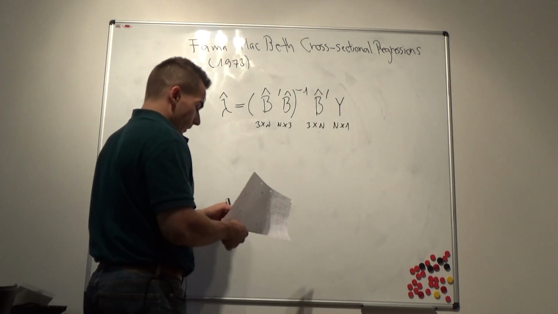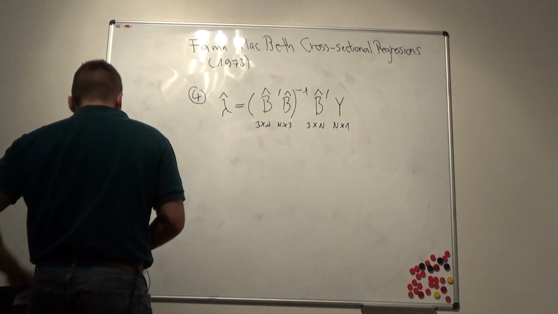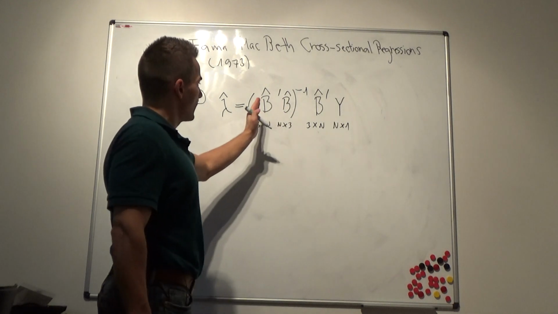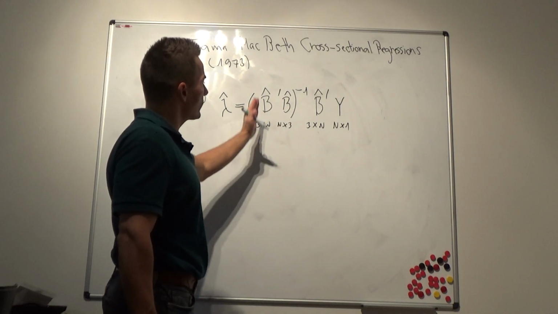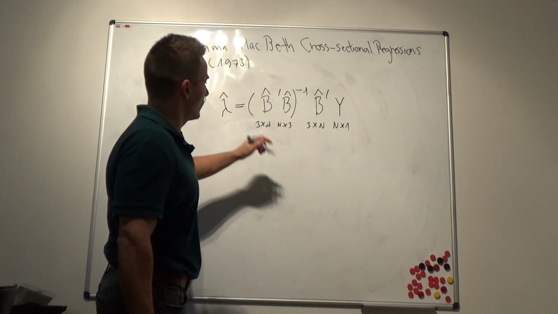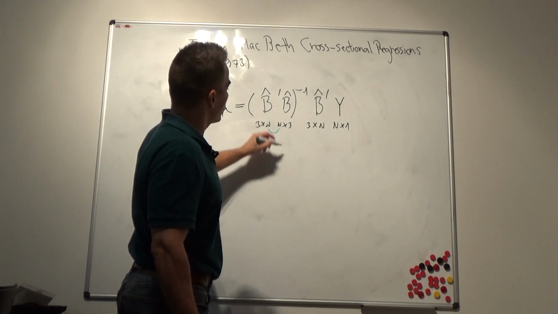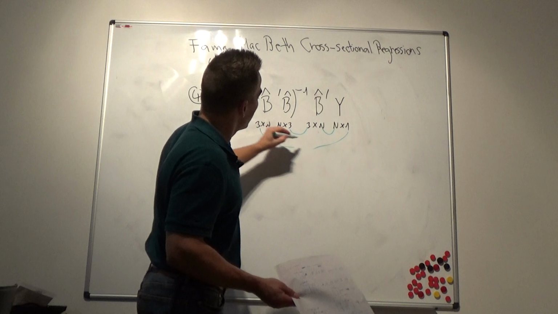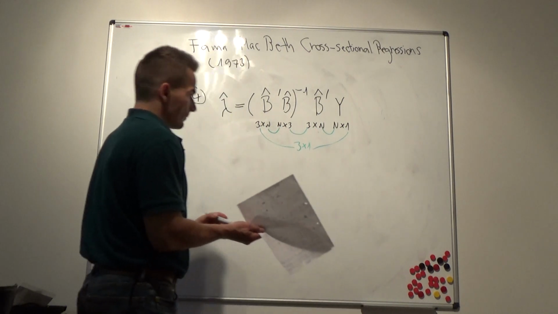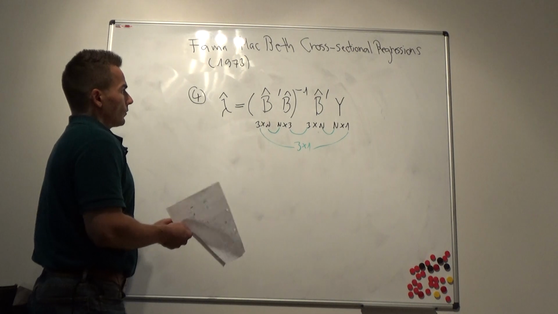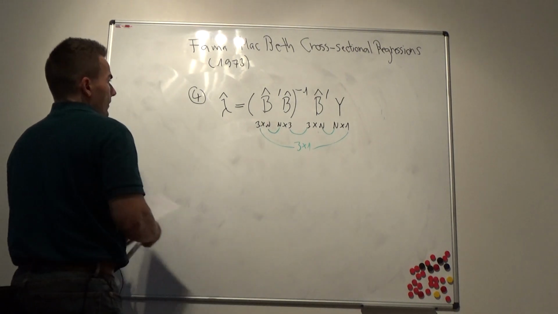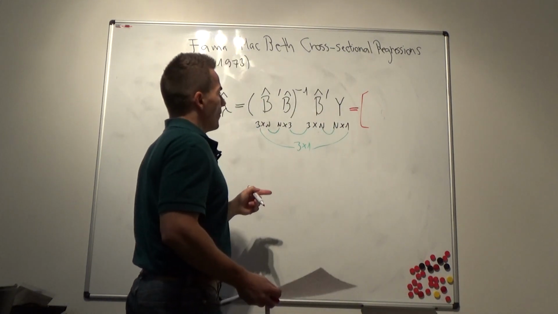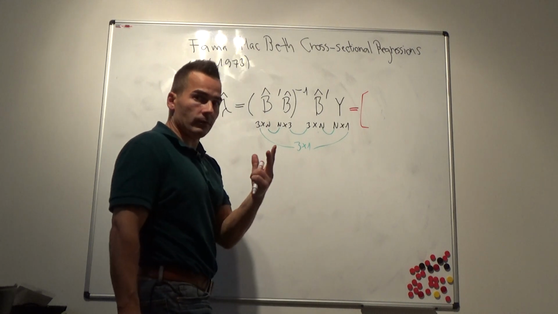We know that these dimensions must always match. The column dimension of the matrix on the left must be equal to the row dimension of the matrix to the right. This is how matrix calculus works. So that's okay, that's okay, that's okay. And what comes out is obviously 3 by 1. So our lambda is a 3 by 1 vector in our case, because we have two risk factors.